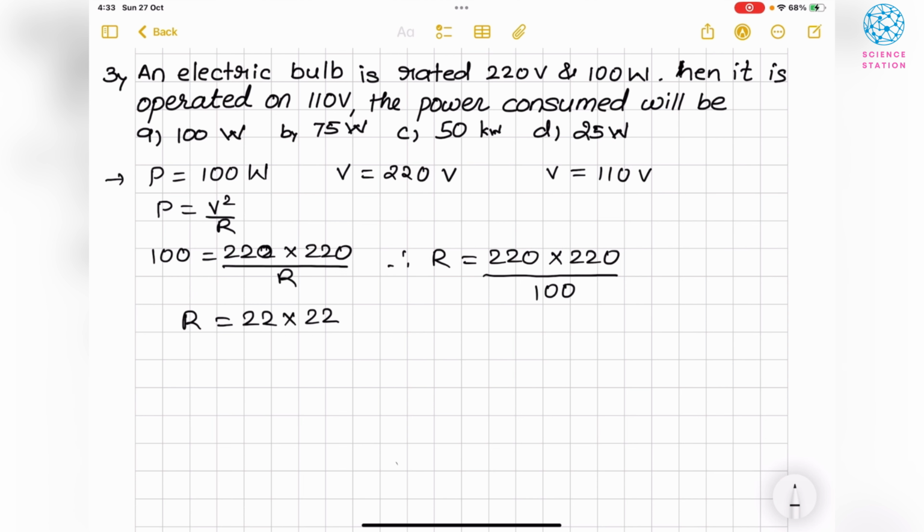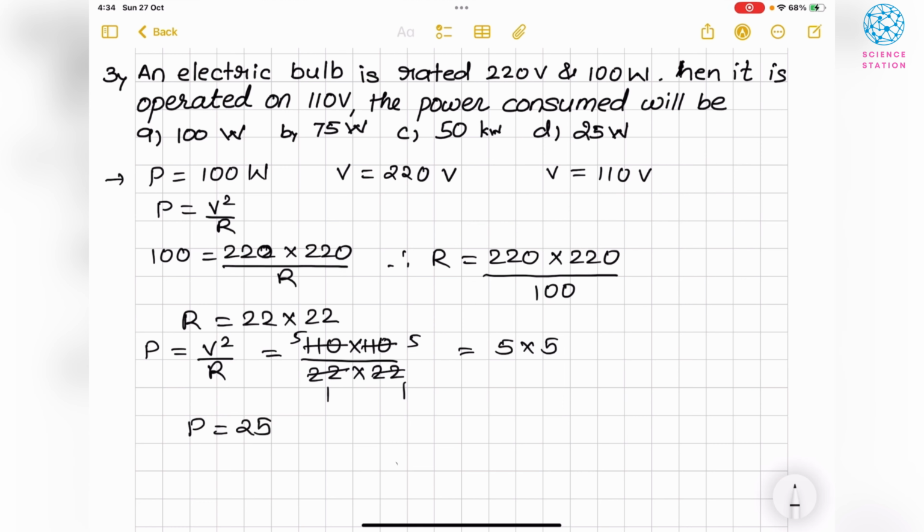Now he has asked power, so P equal to V square upon R. So V is 110 into 110 and R is 22 into 22. So if I cut, 22 ones are 22, fives are 22, this will be 5 into 5. So P equal to 25 watt.